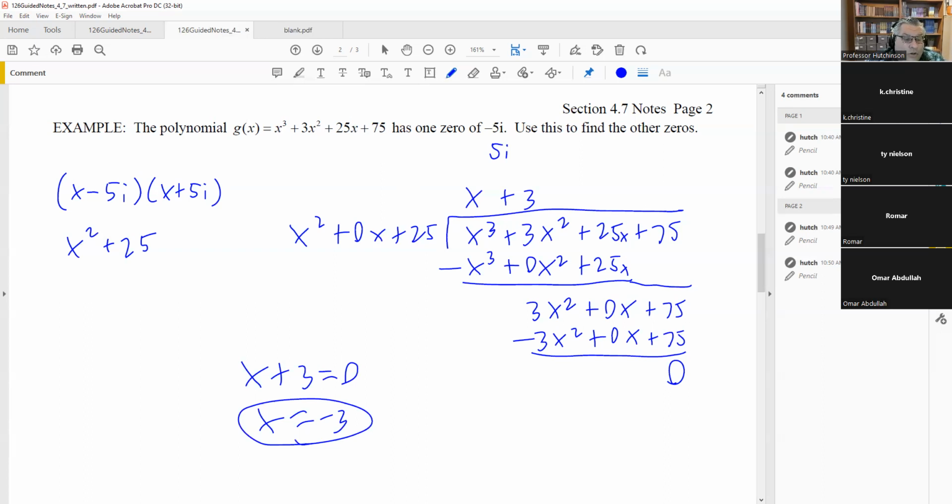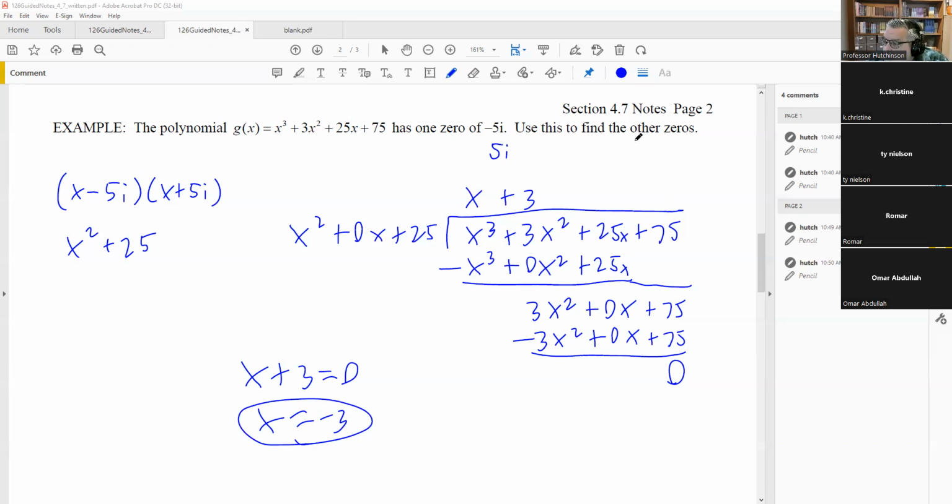It asks you for the other zeros here. When you write your answer, I'm just going to make sure I have the correct thing here. So it says remaining zeros.